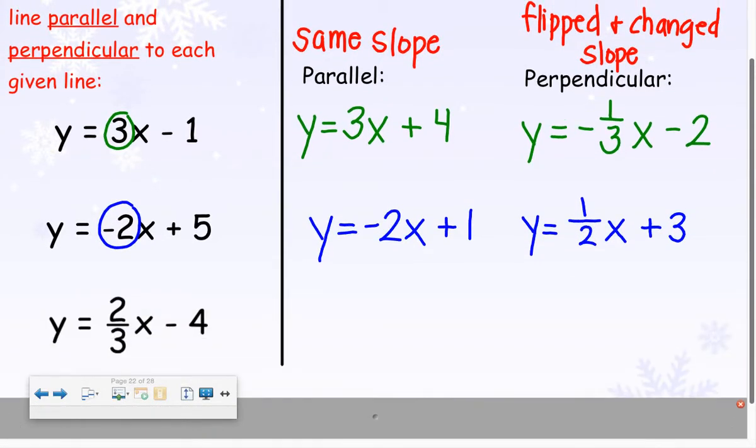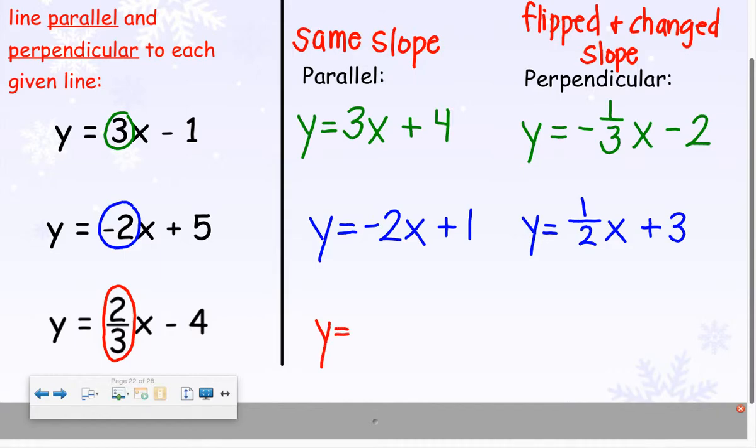And one more. Y equals 2/3 x minus 4. So our slope is 2/3. So a line parallel to it has to have the same slope. And we'll say our y-intercept is 2. And our perpendicular line has to have a flipped and changed slope.